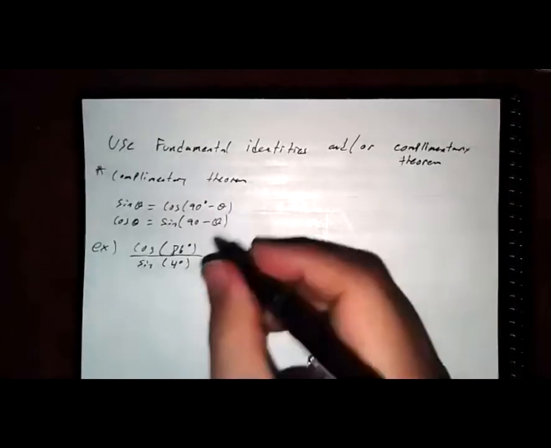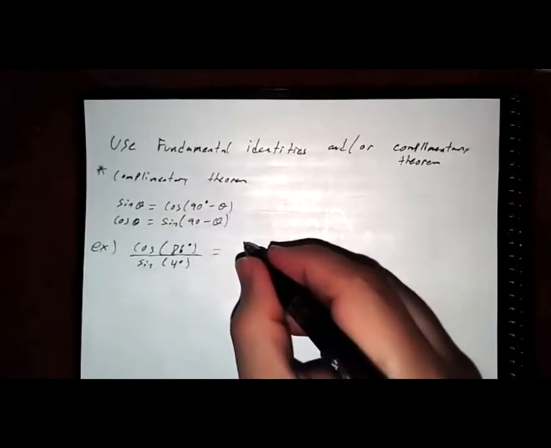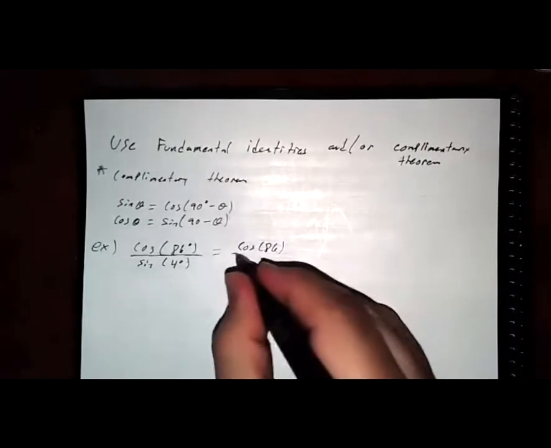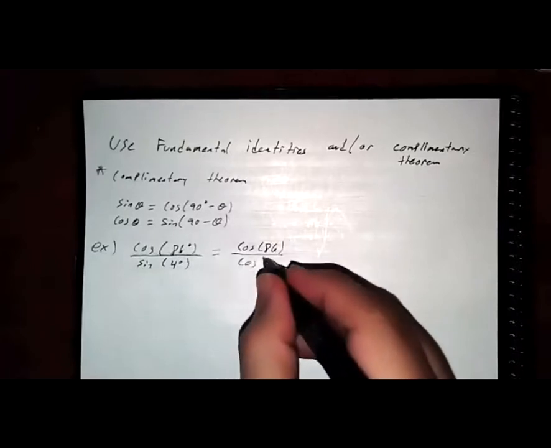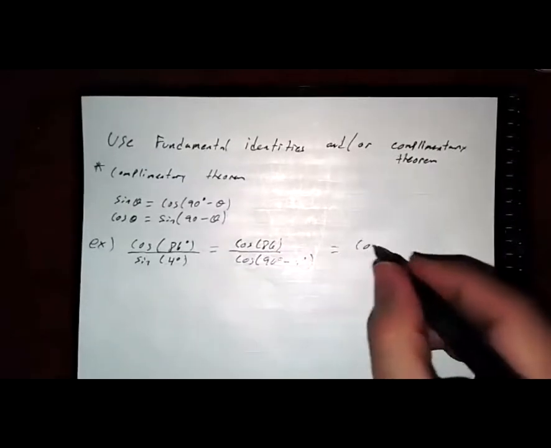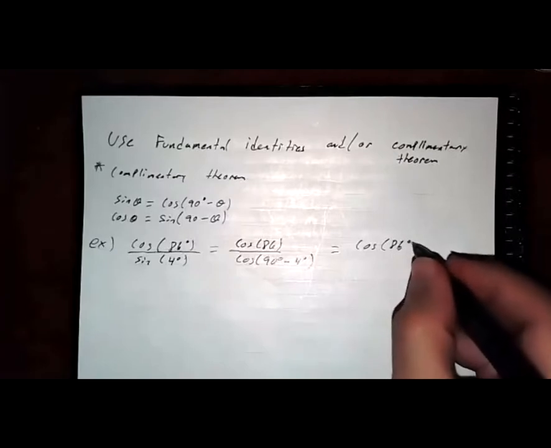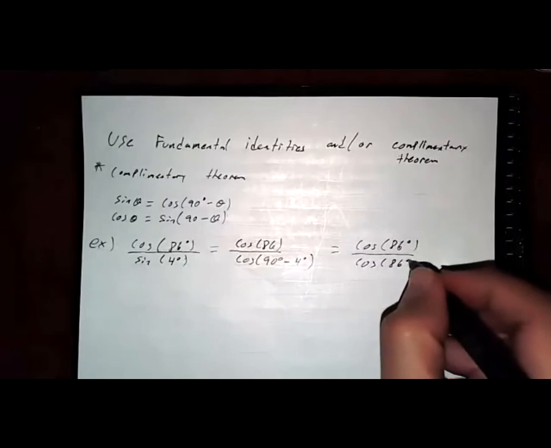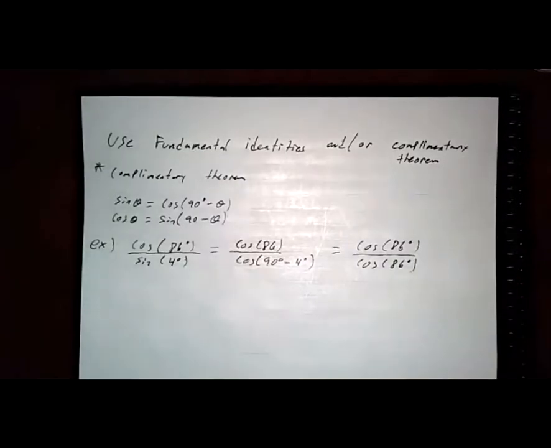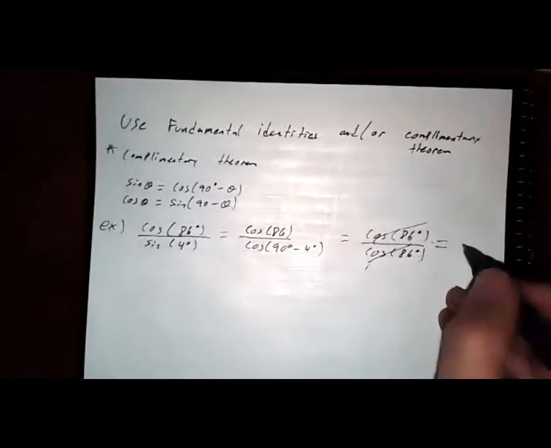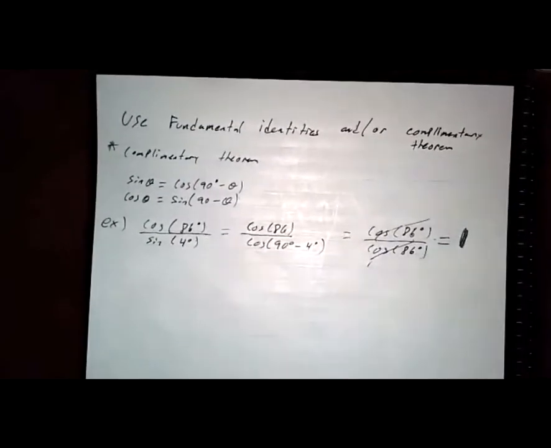The bottom I can change into a cosine if I just do cosine of 90 minus whatever angle I was given, which would give us the same thing, right? You see what I'm saying? So use the complementary theorem to just cancel. So the answer would simply be 1.